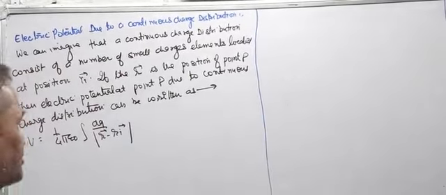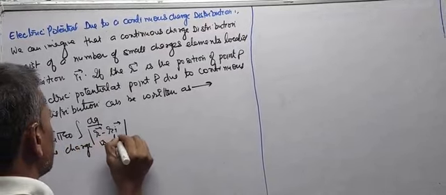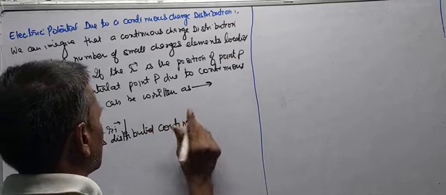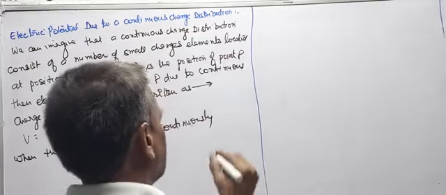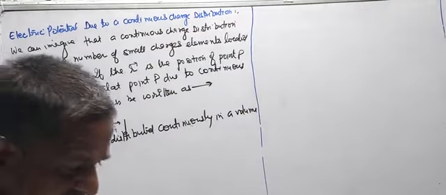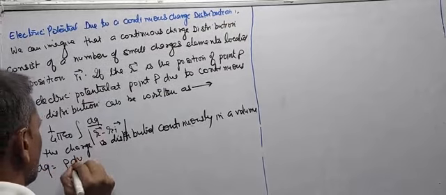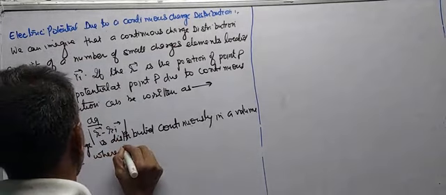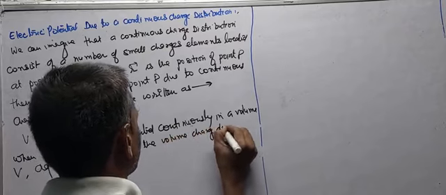When the charge is distributed continuously in a volume V, dq equals rho dV, where rho is the volume charge density.